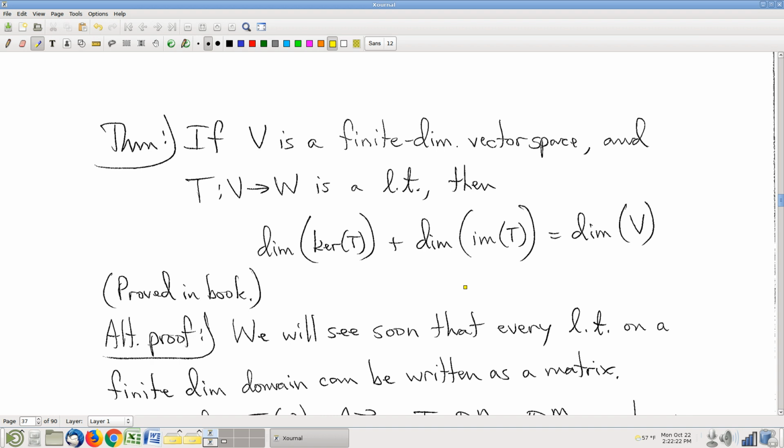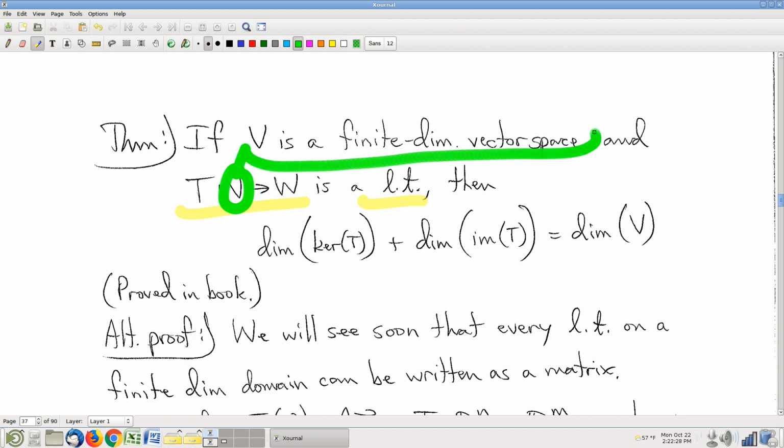If you have a linear transformation where very specifically the domain of the linear transformation is a finite dimensional vector space, and that is important. You need that to be true. So remember what a finite dimensional vector space is, right? Not all vector spaces are finite dimensional, right?